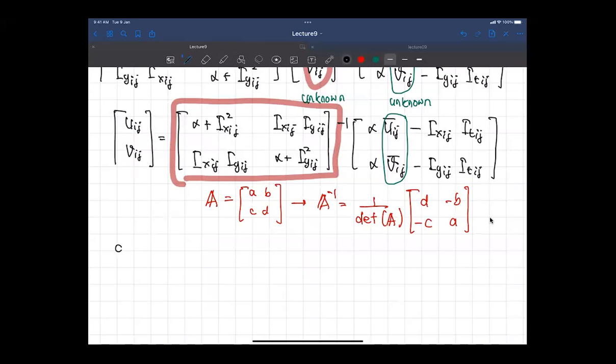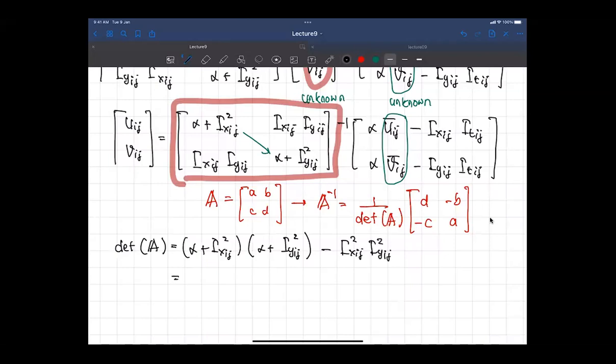So first, the determinant of A for our matrix equals, here, this one multiplied by that one. So (alpha plus Ixij squared) multiplied by (alpha plus Iyij squared) minus Ixij squared Iyij squared.